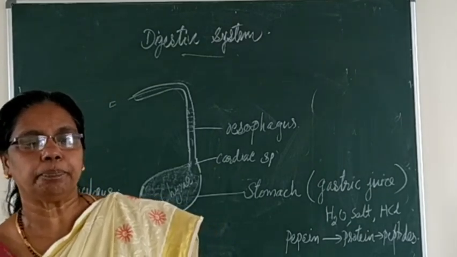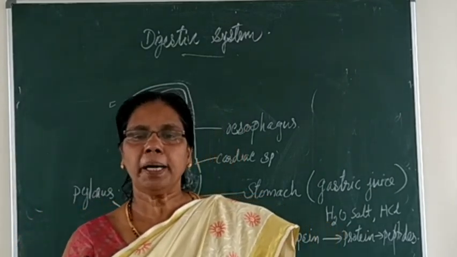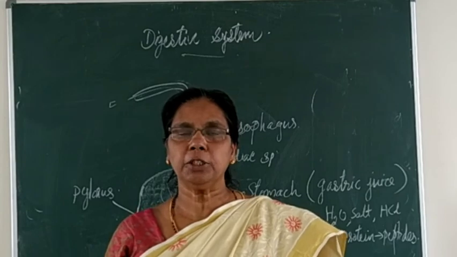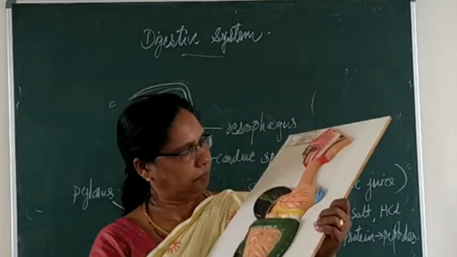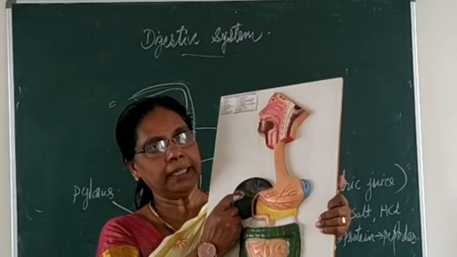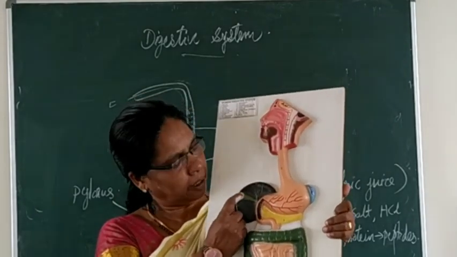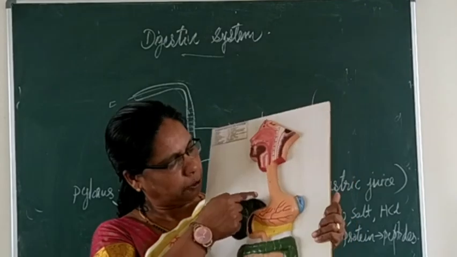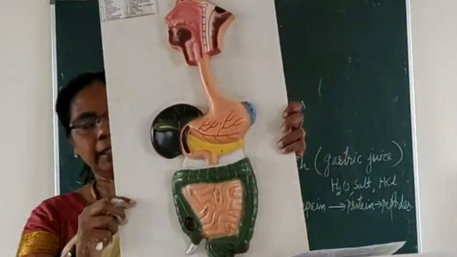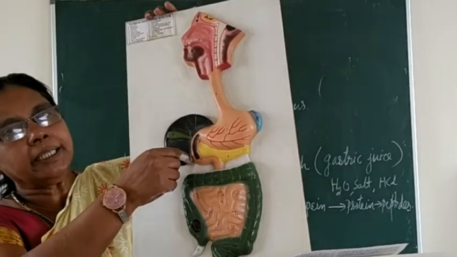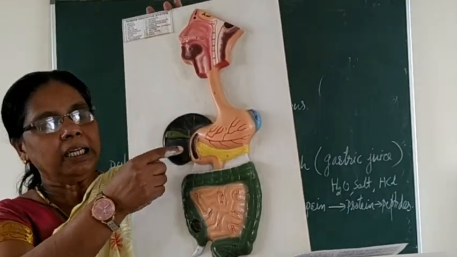That's all. And the common bile duct opens into this part, and here you can clearly see the bile duct open. See the green colored structure shown here; this is the bile duct. It is produced by this structure, called what? Yes, liver. See, the brown colored structure is the liver.